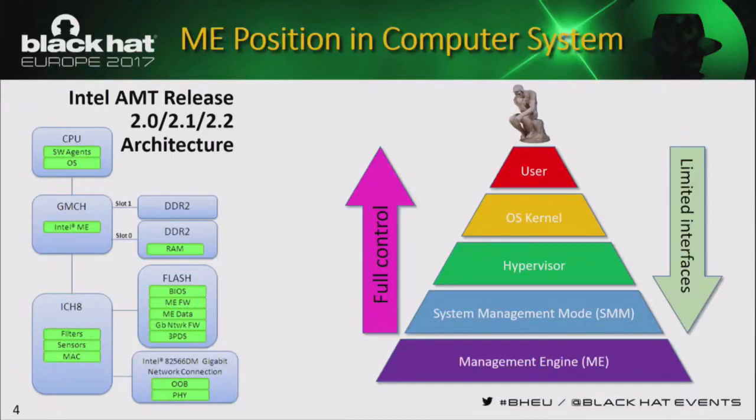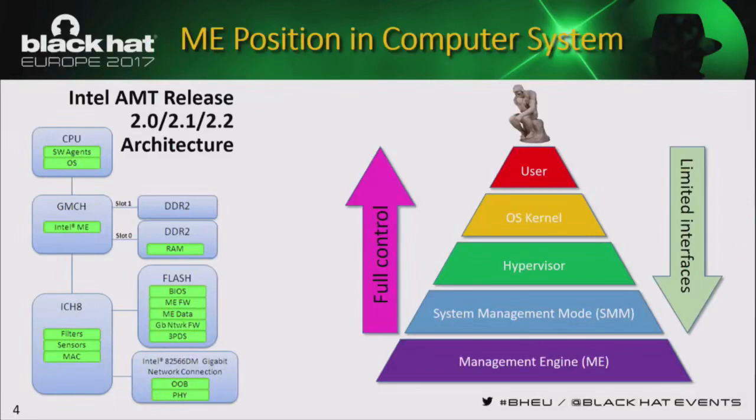So even from kernel level, you are unable to control what's happening inside the hypervisor. But system management mode runs below the hypervisor, so it could control the hypervisor at its decision. But at the absolute bottom of the system, there is Management Engine.